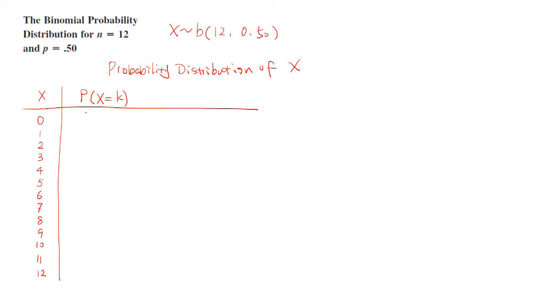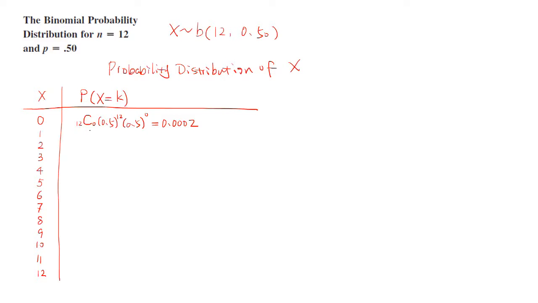According to the binomial formula, the probability of X being 0 is C(12,0) times 0.5 to the 12th times 0.5 to the 0, which is 0.0002.